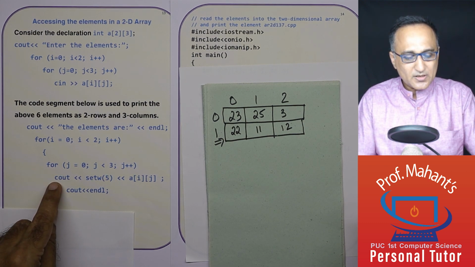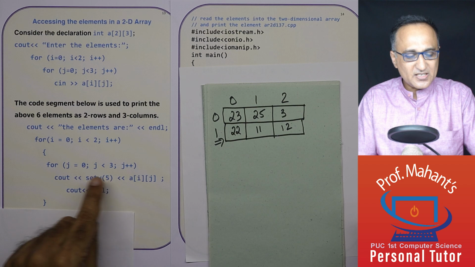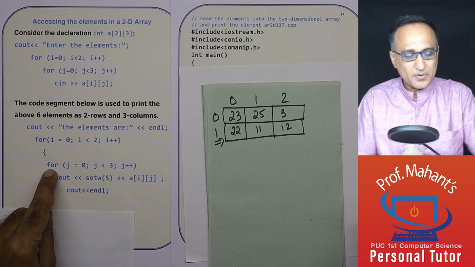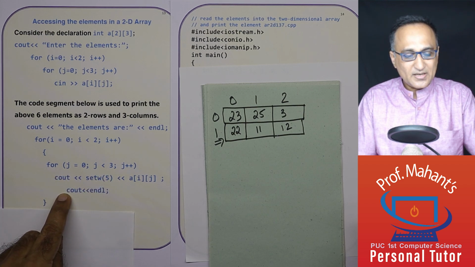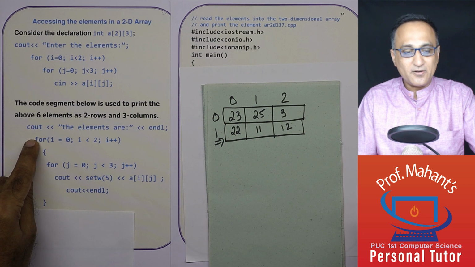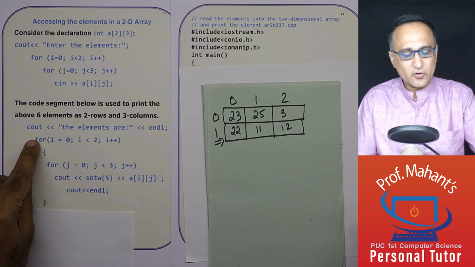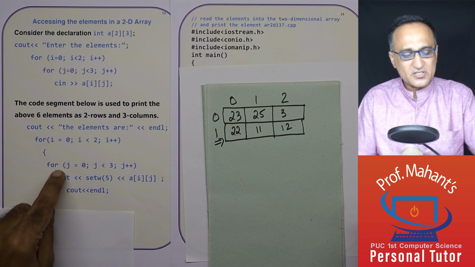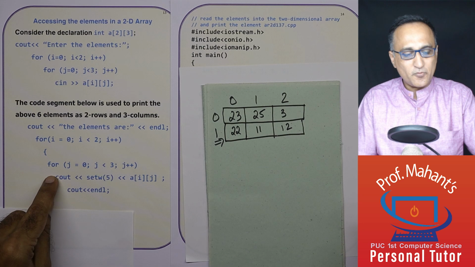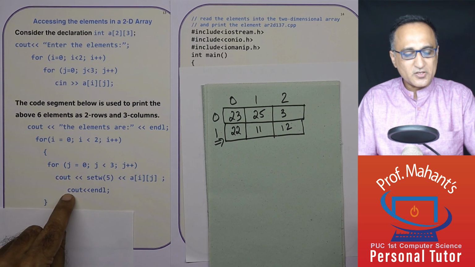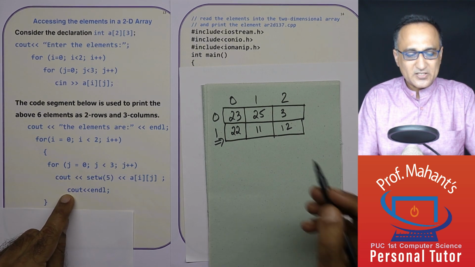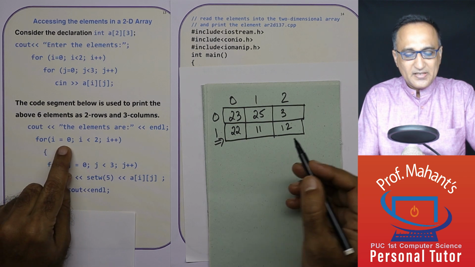This cout, this instruction, is associated with this for loop, because only one statement is joined with the for loop. So after the inner for loop finishes execution, it is going to execute this particular statement. Let's go again and try to do it.